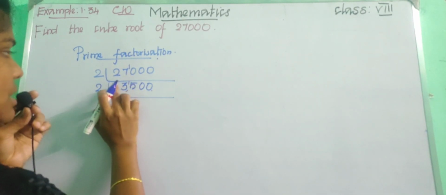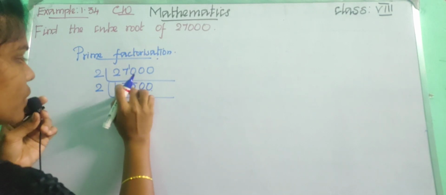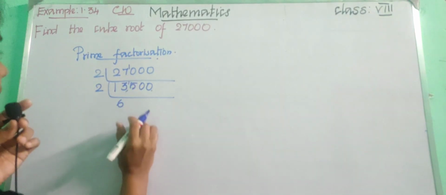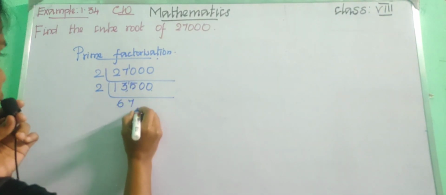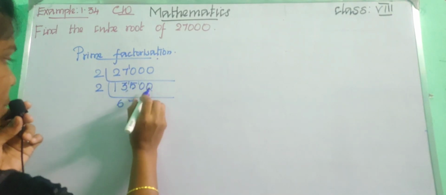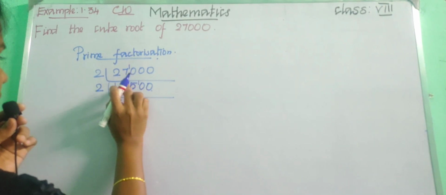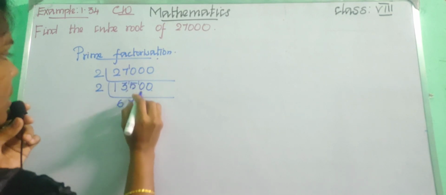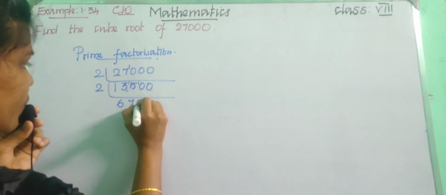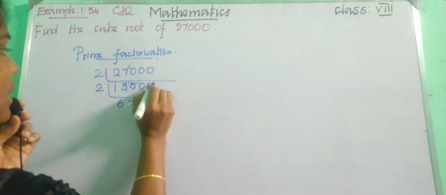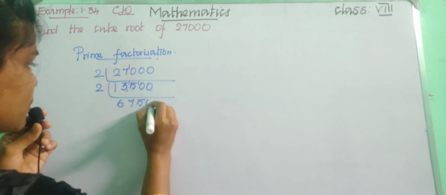Now we got 15. 7 2s are 14, remaining 1. Now we got 10. 5 2s are 10. At the last we are having 0, so just put that 0.